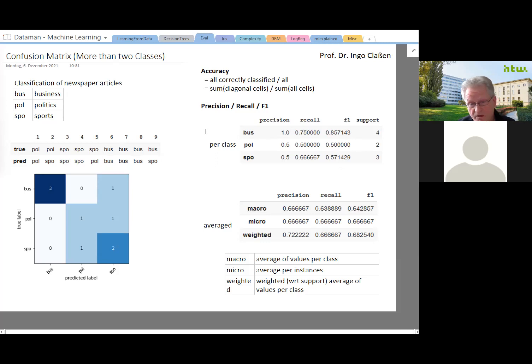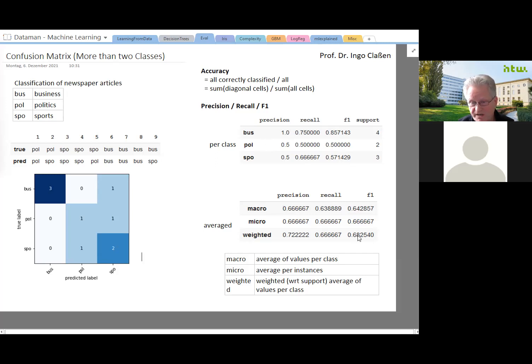And so I get a per class recall and precision value here. But what I can also do is summarize that. For example, I can calculate the overall precision, recall, and overall value. I can just take the mean of all of the 3 classes here. That would be the macro average.